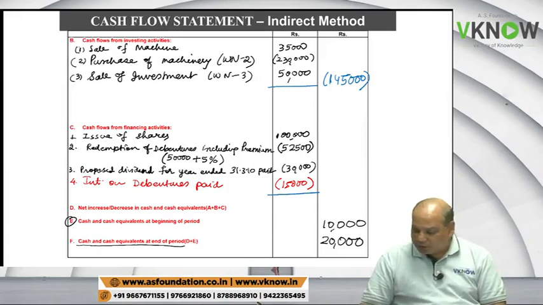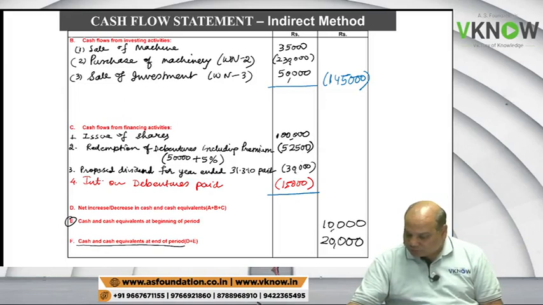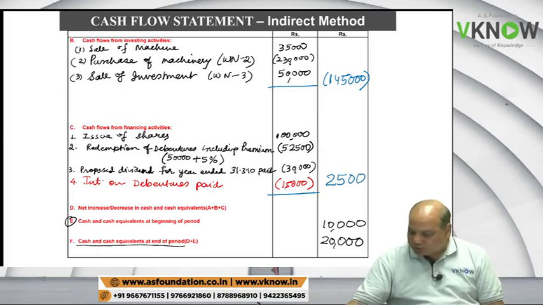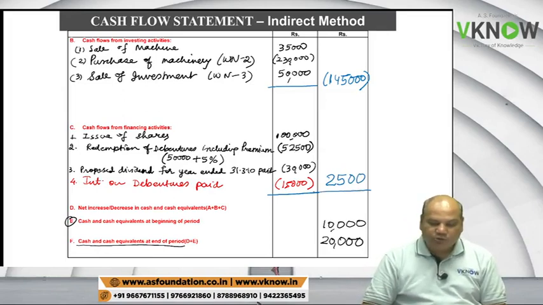Come on, everybody. Financing activity, positive 2500. Investing is negative, which means they are investing more money in new business, new machines.